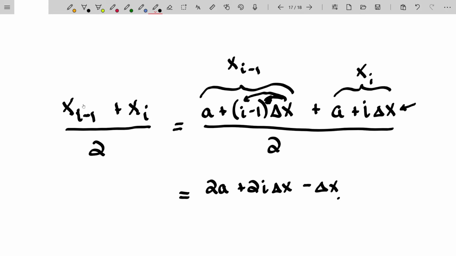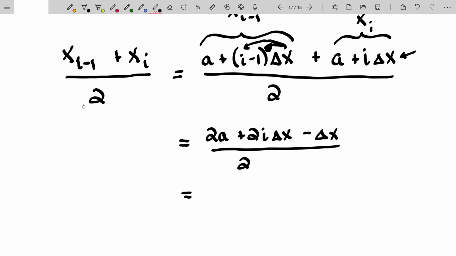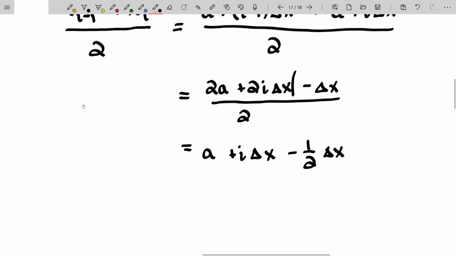And this is all over 2. I suppose I could rewrite this, breaking it into 2 fractions, to where it's just a plus i delta x minus 1/2 delta x.